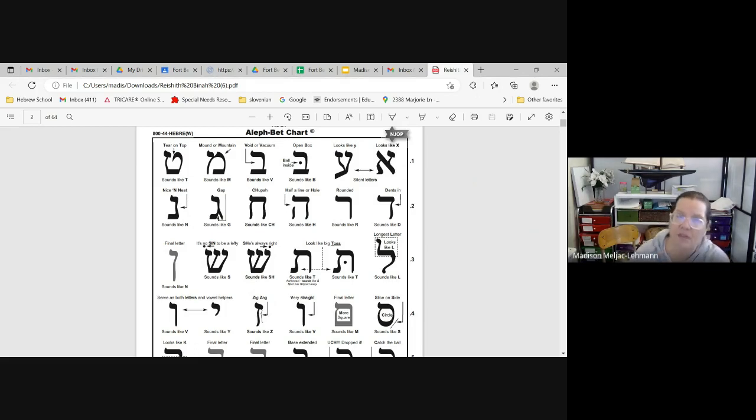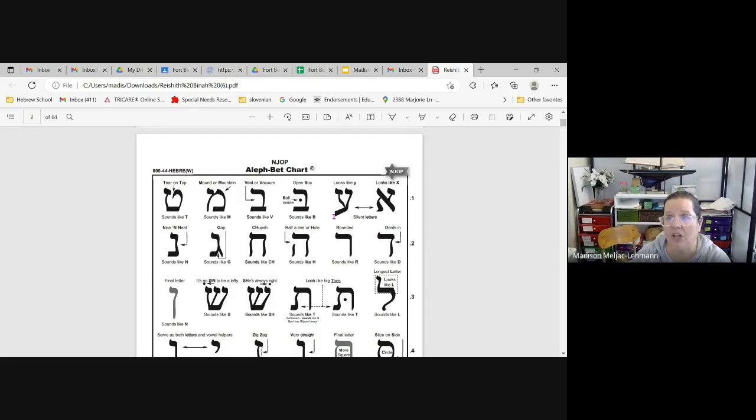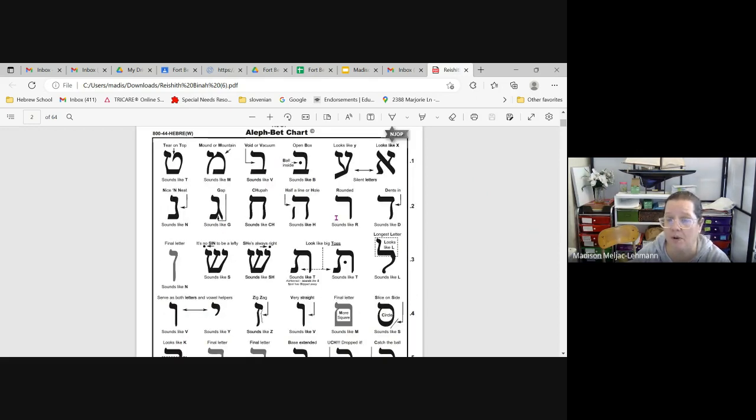So the first thing I want to show you when you download this PDF is the fact that it has this really great Alef-Bet Hebrew chart. You can print this out for reference, and it has different ways to remember everything. So for instance, we talked about Aleph, it looks like an X. We talked about Mem, and it looks like a mound or a mountain.